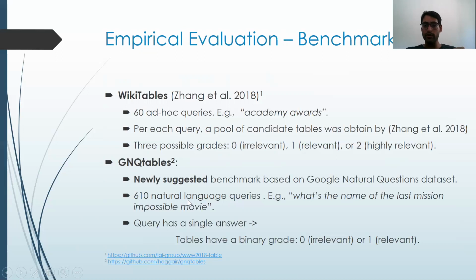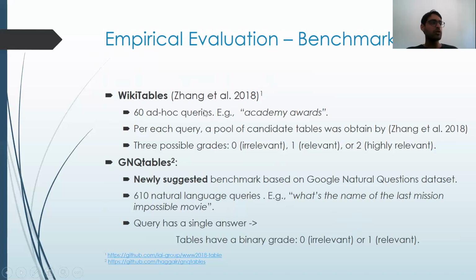In our work, we further suggest a new publicly available benchmark for the table retrieval task, based on natural language queries. This benchmark was created using the Google Natural Questions dataset, from which we extracted questions that have a table as an answer.